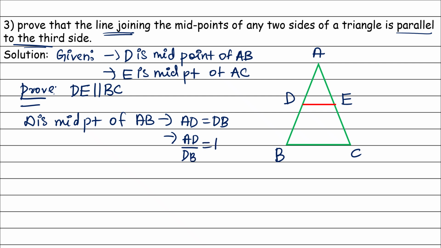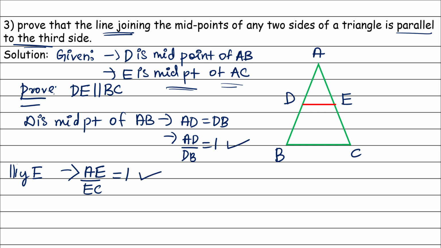Similarly, since E is the midpoint of AC, we are going to get AE by EC is equal to 1, because AE will be equal to EC. So that is also 1.